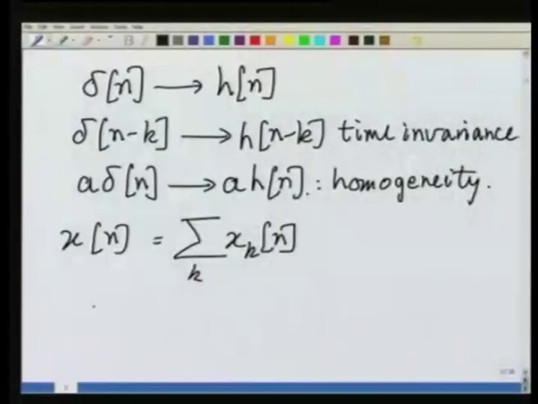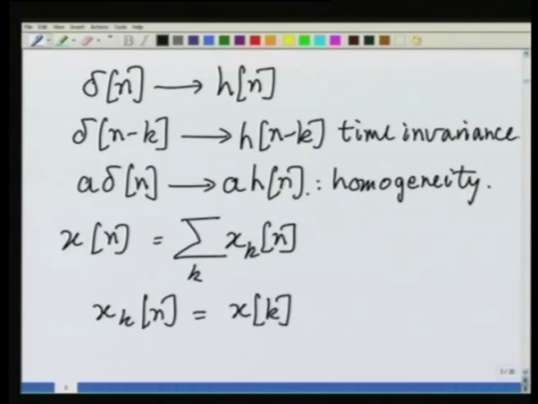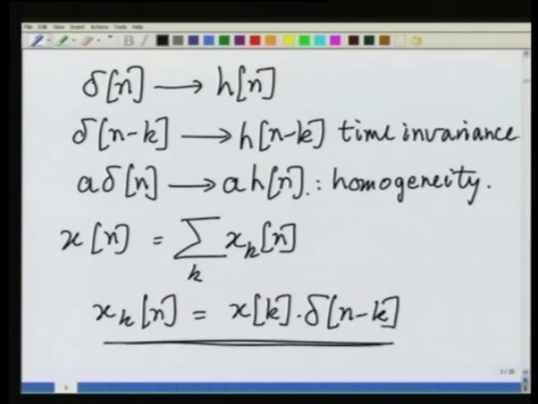So, x k of n may be written as x k, which is just a number, the signal x n evaluated at n equal to k, multiplied by the impulse function.